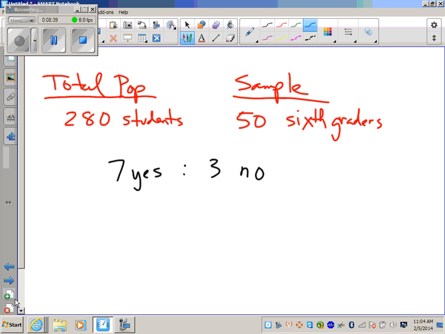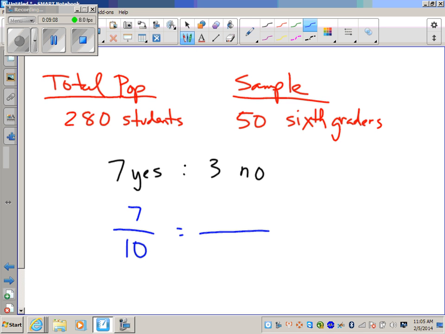Okay, so what is the total? We're going to find the yeses or the nos. Should the students write to their state representative about funding? 7 said yes, 3 said no. So that's 7 out of how many total? 7 out of 10.